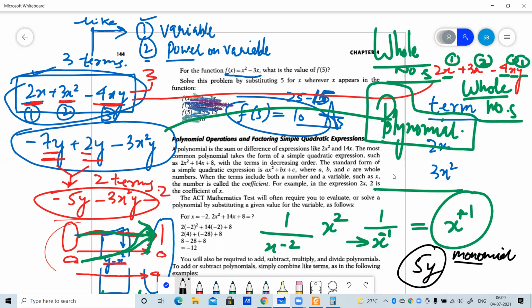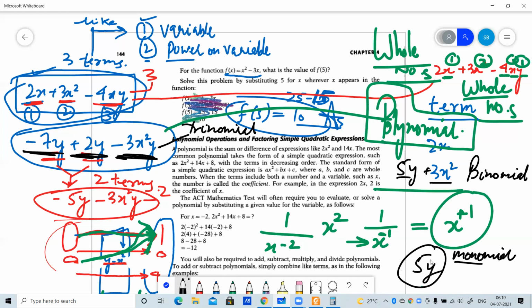If you're having two terms, 5y plus 3x squared, two different terms, then it is binomial, right? And if you're having three terms, negative 7y plus 2y minus 3x squared y, then it is a trinomial. The name itself suggests what it is.